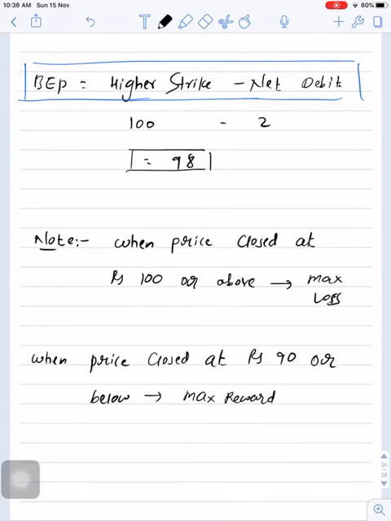So we have paid 2 rupees with lot size 4,000. 8,000 will be our maximum loss on the day of expiry if price is closing at 100 or above. When price closed at rupees 90, that is lower strike, or below lower strike, then as a trader you will earn maximum reward, which is 8 points or 32,000.